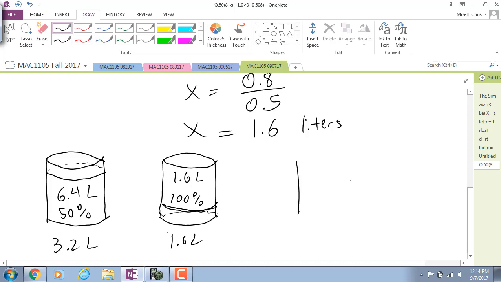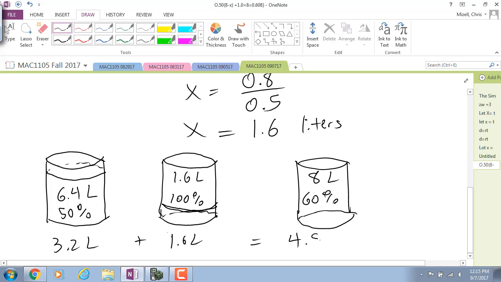And when we're done, what we want is a full radiator with 8 liters of 60% antifreeze. And what's 60% of 8? I'm out of time. 4.8. 4.8 liters. Thank you very much.